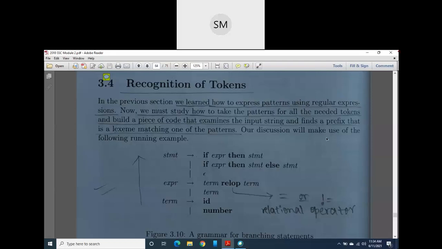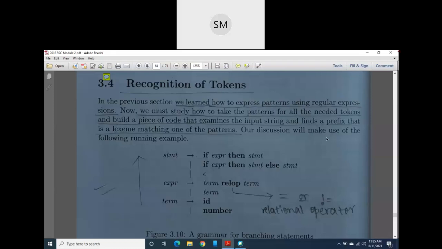So now we are going to see how to express these tokens and how to identify these tokens. Till now we had seen only how to write or describe the patterns, and to describe these patterns we have used regular expressions.